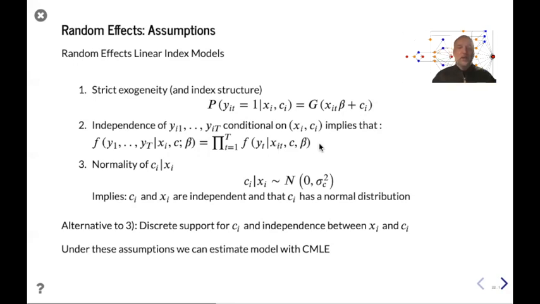Now we can derive the joint density simply by multiplying the contributions of all the different time periods.